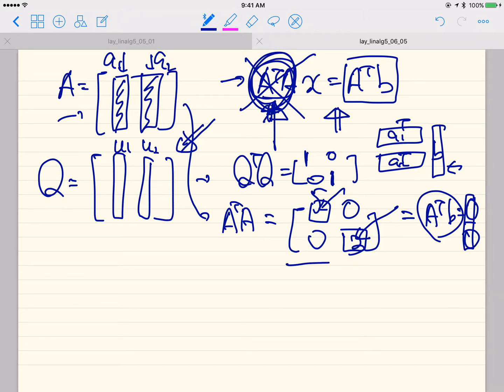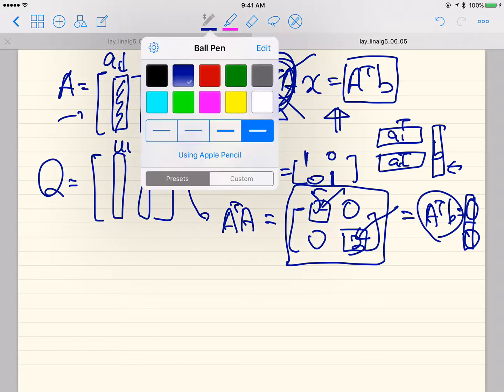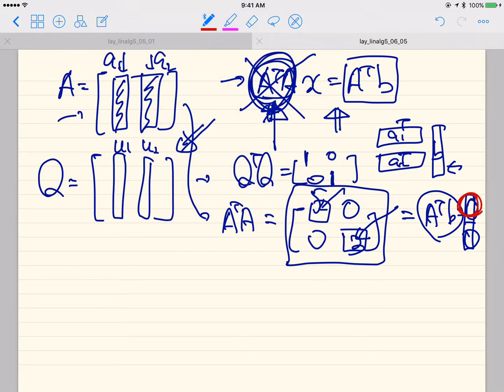And if your matrix is diagonal in this linear system, you can just simply divide this guy by 5 and this guy by 3, doing the same row operations to both of them.